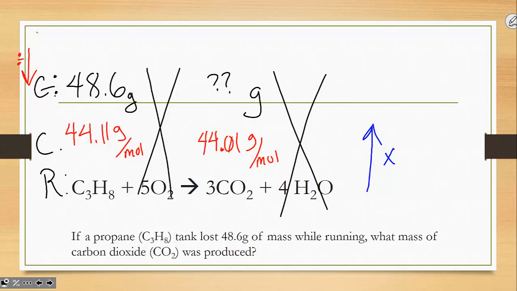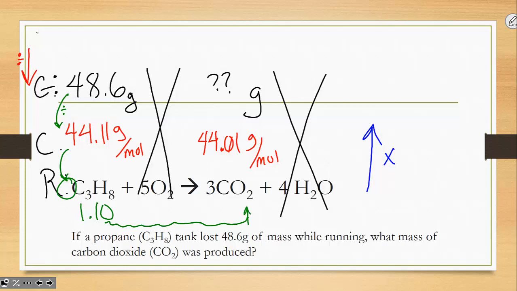So as we go down, we'll take our given and we'll divide by the molar mass, and then we'll divide by the coefficient in front of what we're looking at. So 48.6 divided by 44.1 divided by 1 is 1.10. This is our mole, and it can burrow underneath of our equation until we want it to come up.